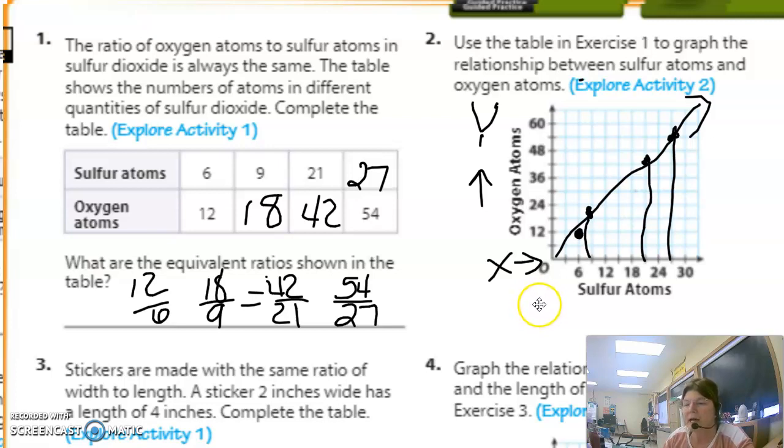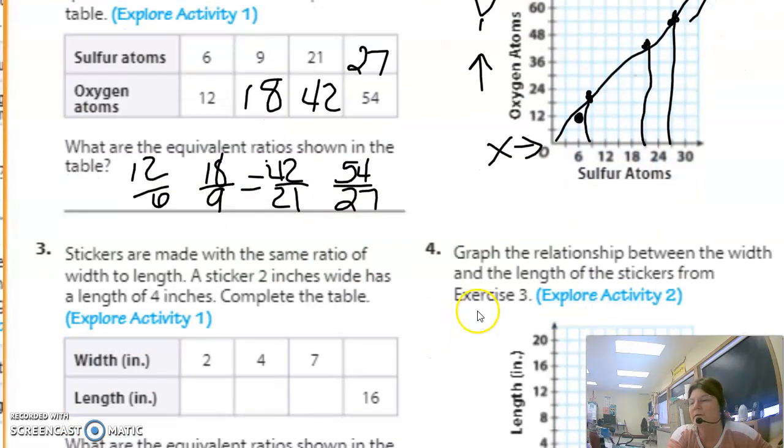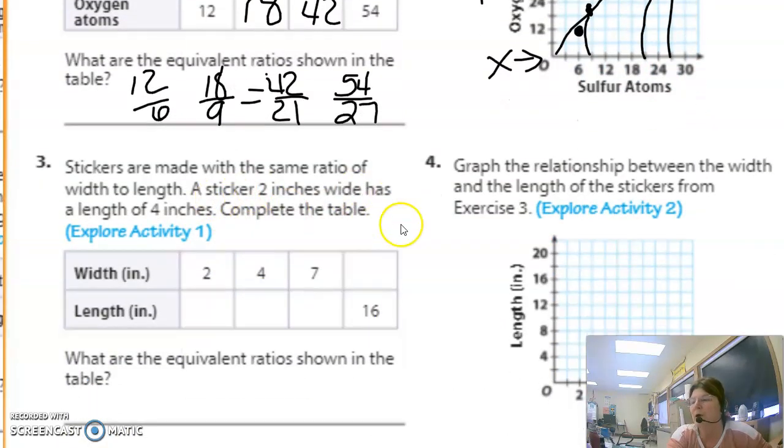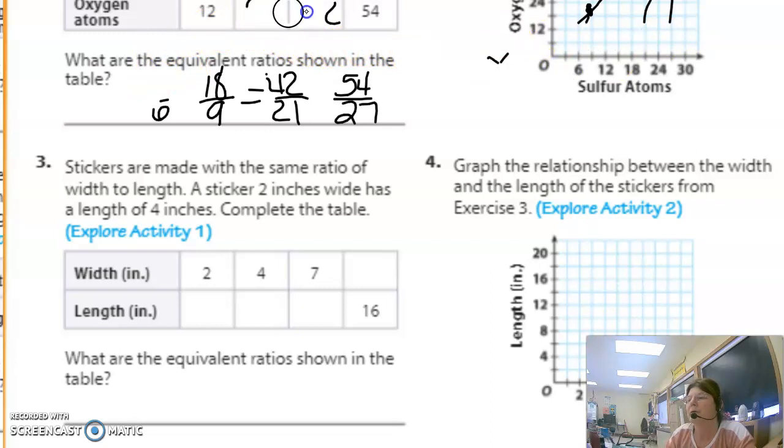Okay, so now the next thing it says is stickers are made with the same ratio of width to length. The stickers are 2 inches wide and have a length of 4 inches. So let's get rid of these real quick so that we can see.